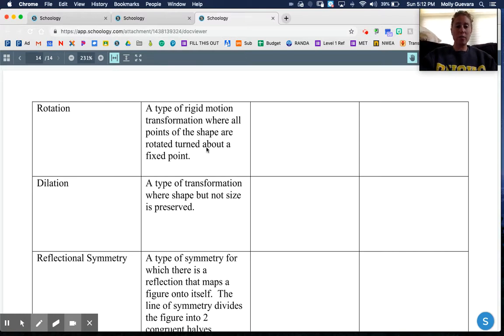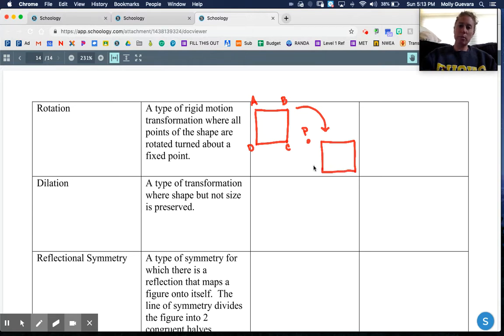Where all points of the shape are rotated around a fixed point. So if I have a shape, I'll do my best on drawing this. Okay, let's say that I have a square, and let's label it A, B, C, and D. If I have a fixed point, let's say that this fixed point is P, and I rotate this figure around point P, and I'm going to still have a square, right?